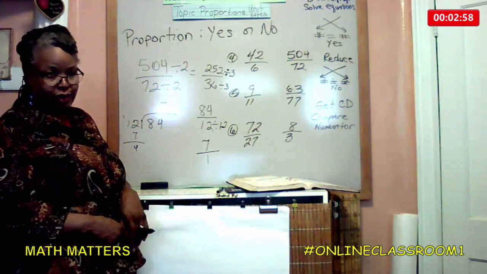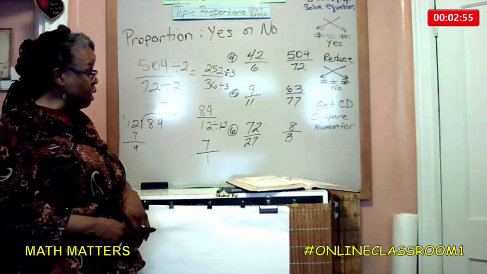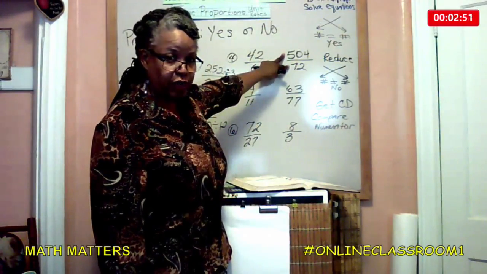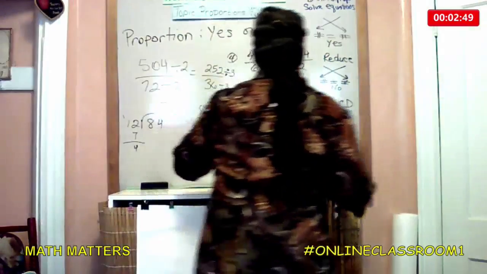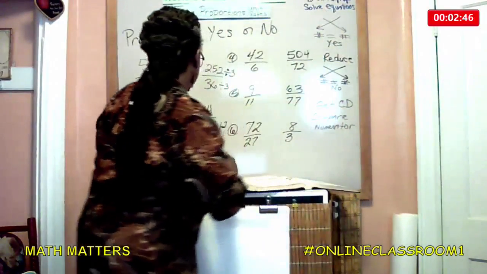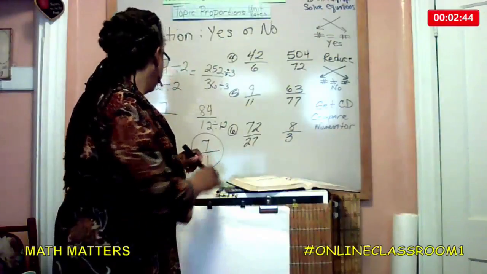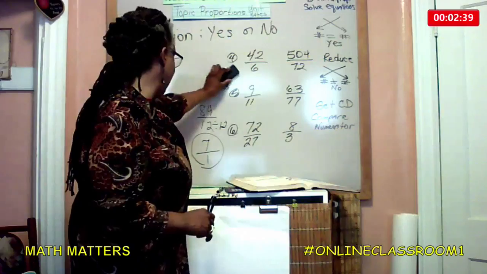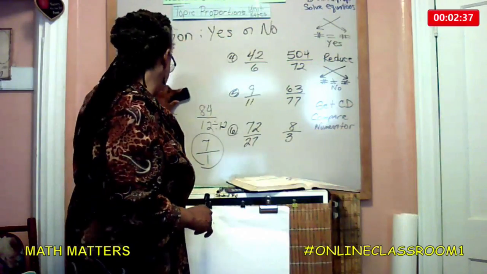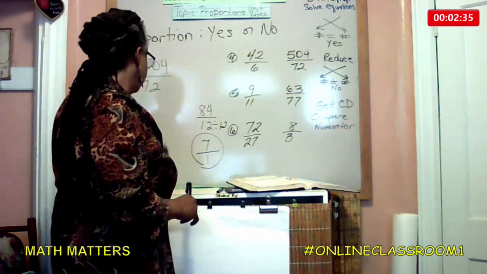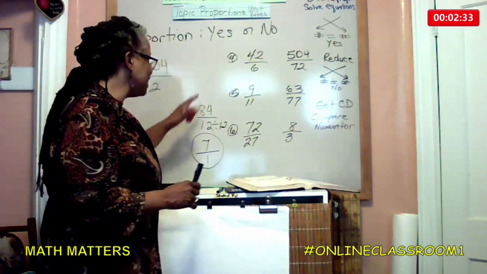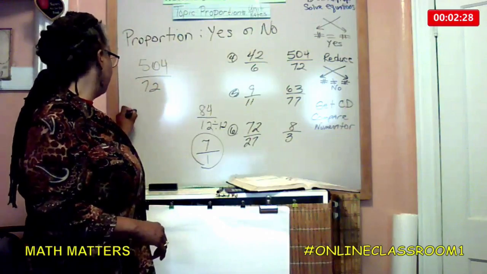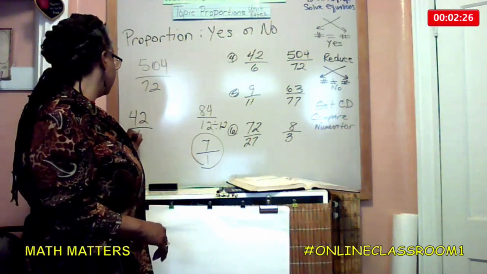That was a lot of prepping. So 504 over 72 is actually equivalent to 7 over 1. So we can go back and temporarily replace it with 7 over 1. Now I'm going to look at 42 over 6.